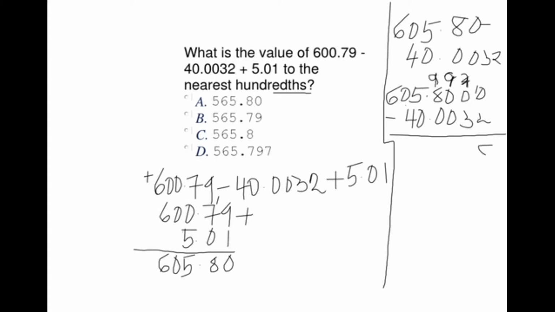So we have 8. We had remained with 9 minus 3 is 6. 9 minus 0 is 9. Then 7.